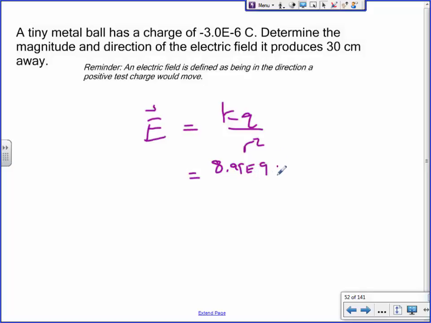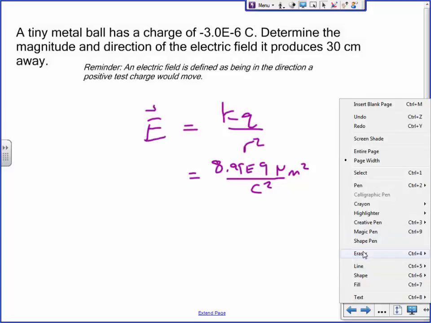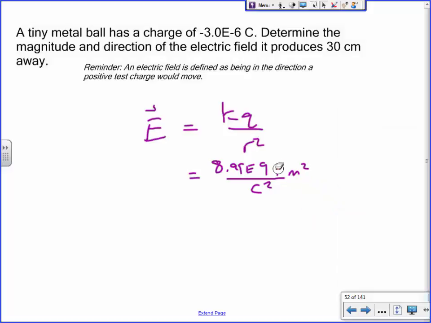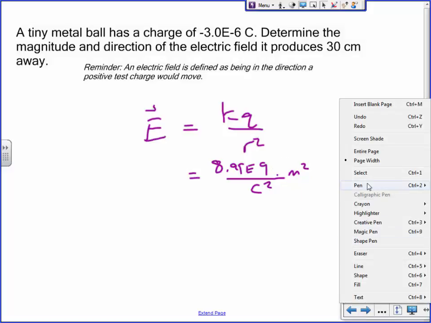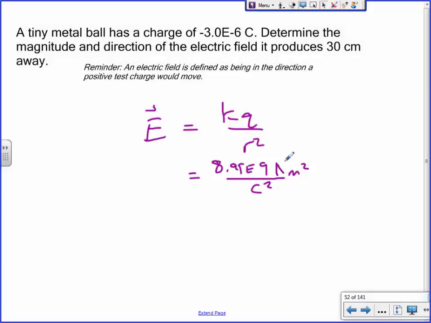Was it newtons over coulombs squared meters squared? I always forget. Newtons meters squared over coulombs squared. Yeah, I got it. That's an N, by the way. Newtons meters squared over coulombs squared. Okay, so there's our K value.